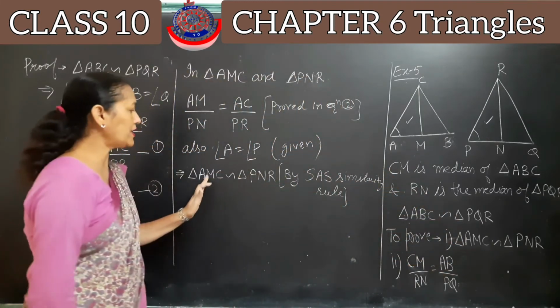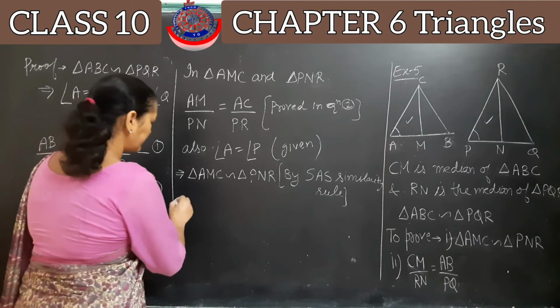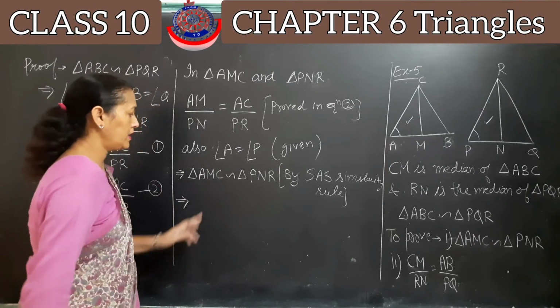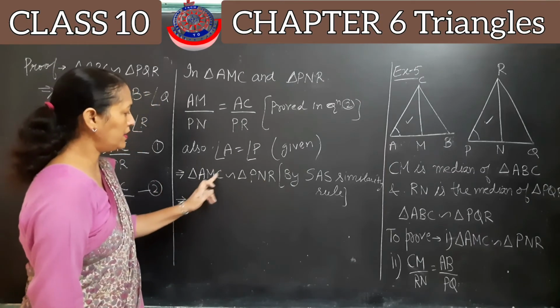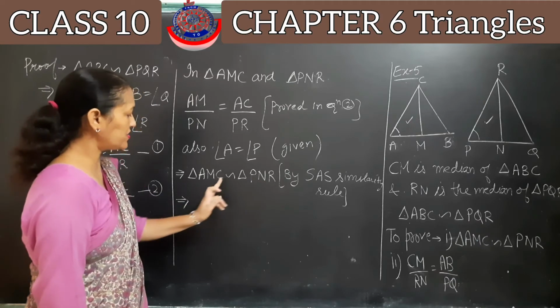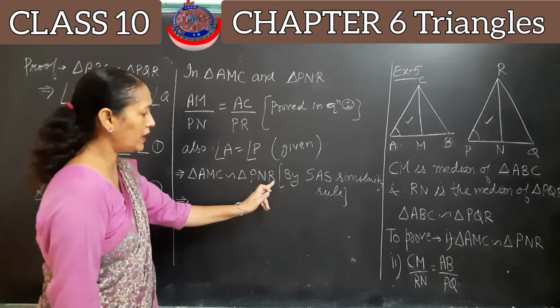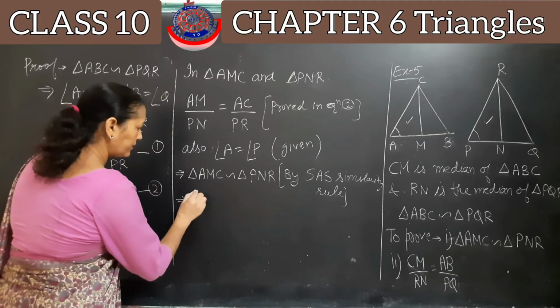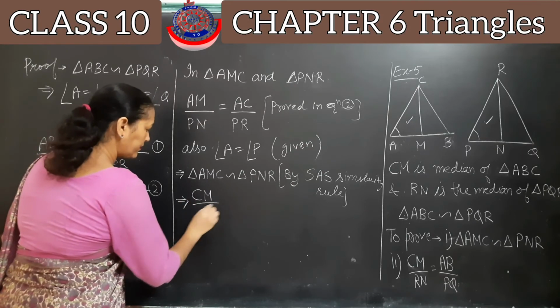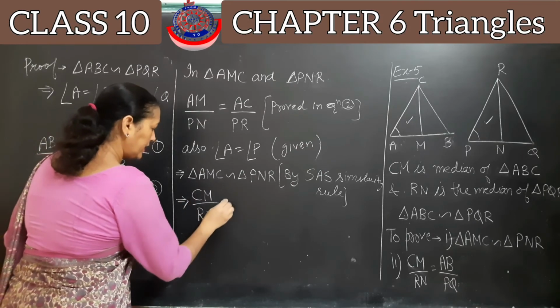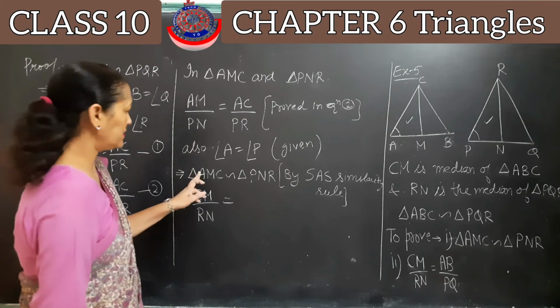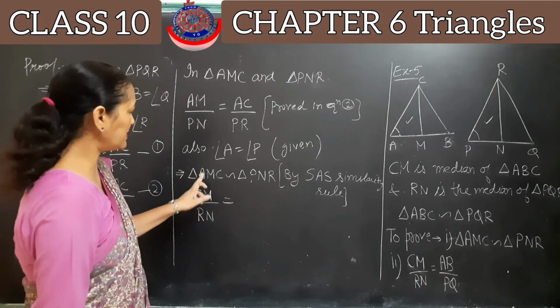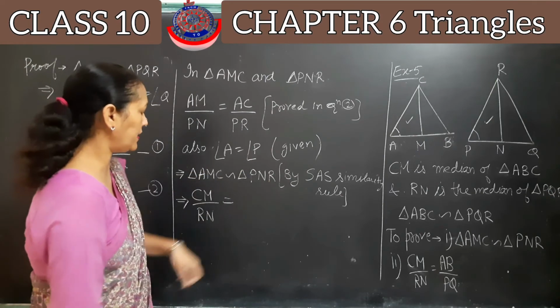If these two triangles are similar, that means AM upon PN is the same as CM upon RN, and the same as AC upon PR.